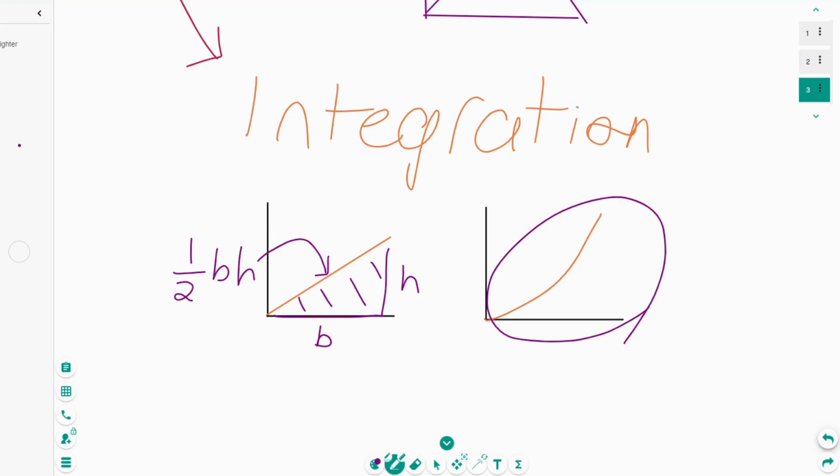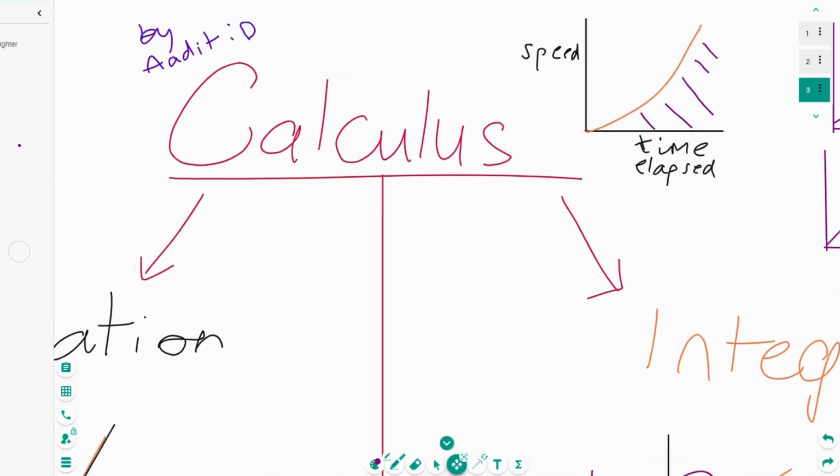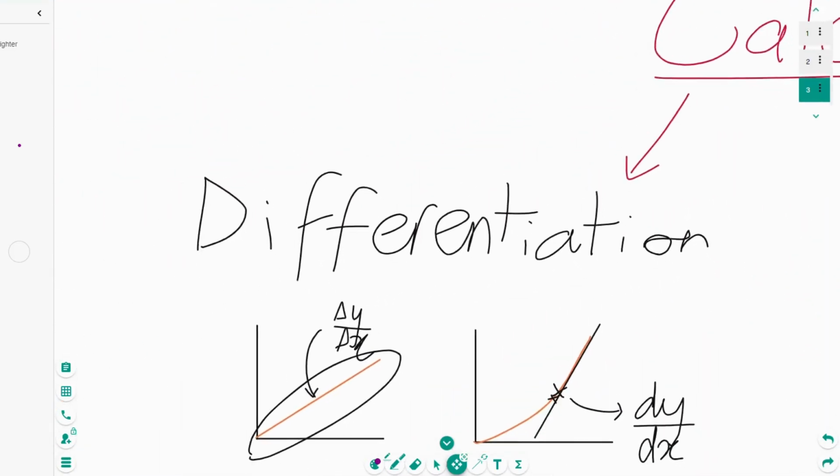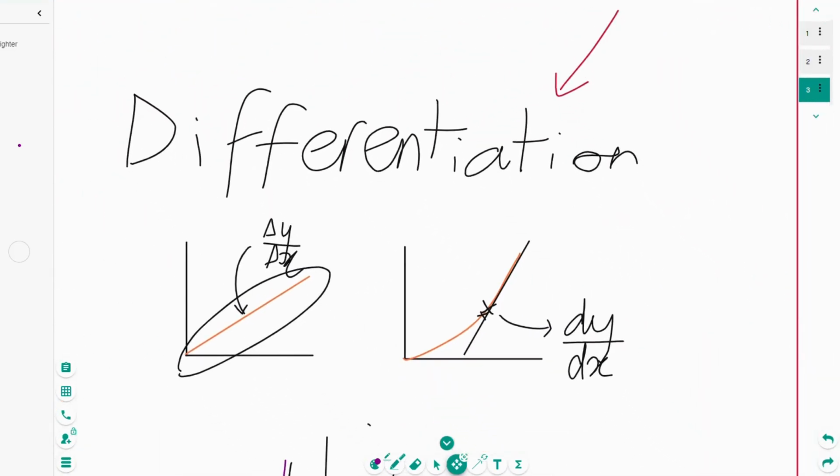So, to summarize this video altogether, we use differentiation to find the gradient of a certain point on a curve. That could be the instantaneous rate of change curve.